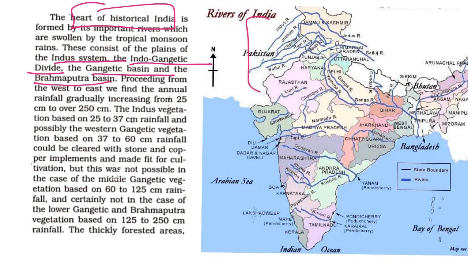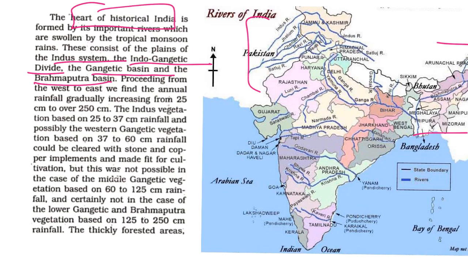All this actually forms the basis for our plains regions, because these plains are conducive for people to live in and produce their agriculture. So obviously they would prefer living in the plains rather than the hilly areas.